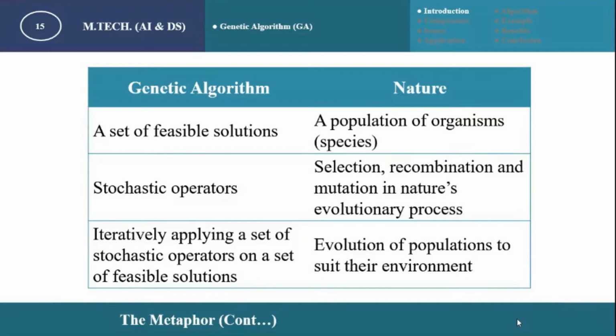The third operation is mutation. In genetic algorithm, the term is mutation. In nature also the mutation happens. Mutation generally happens in small organisms like single cell organisms.